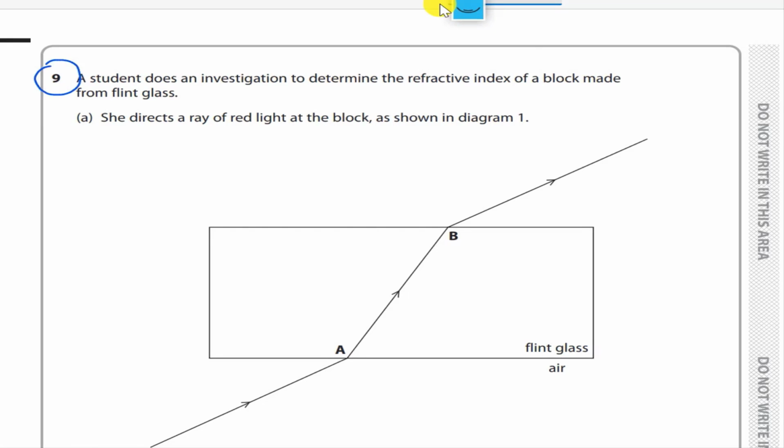A student does an investigation to determine the refractive index of a block made from flint glass.